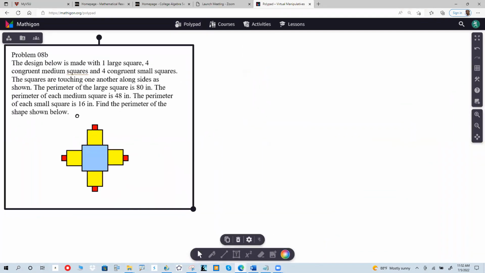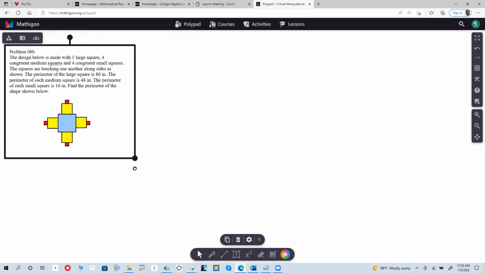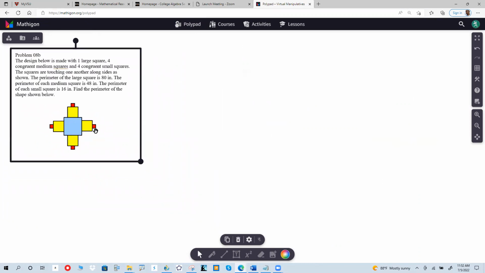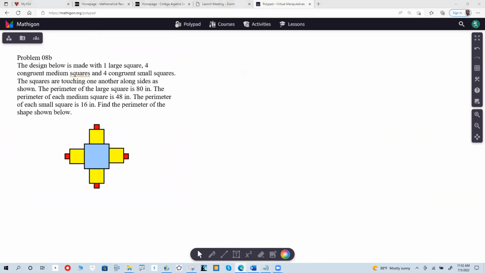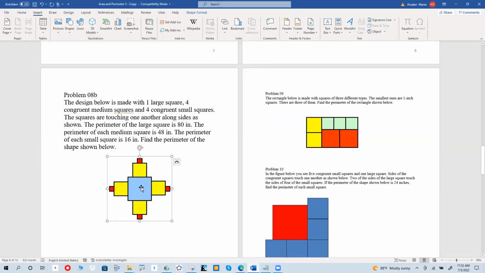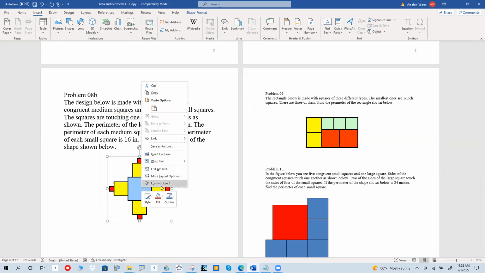Now, the way I'm going to do it, guys, again, if you don't mind, I have a little picture here for me to read. Okay, and I'm going to take this here, make this picture bigger.